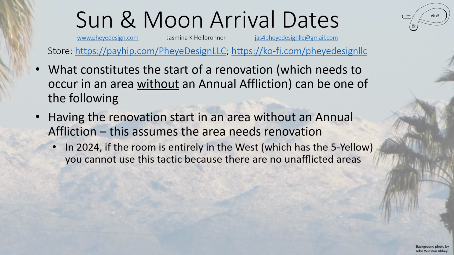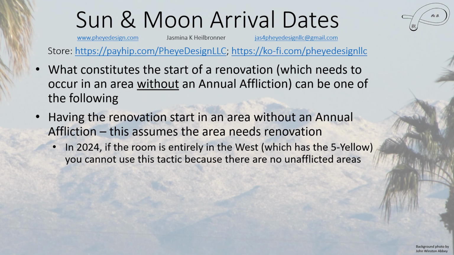Now, this works sometimes, it doesn't always work. And here's an example. For 2024, if the room you want renovated is entirely in the west sector of your house, which has the 5 yellow, and that includes all 45 degrees of the west, you can't use this tactic because there were no unafflicted areas in that room.